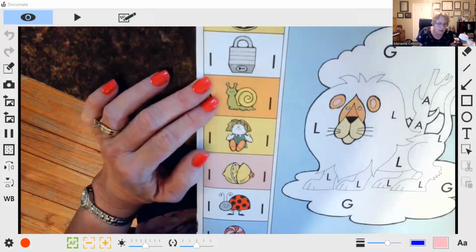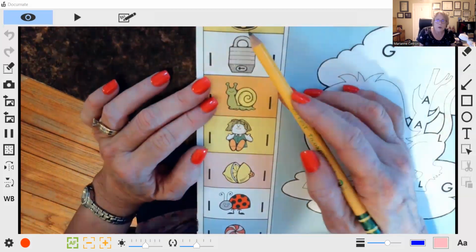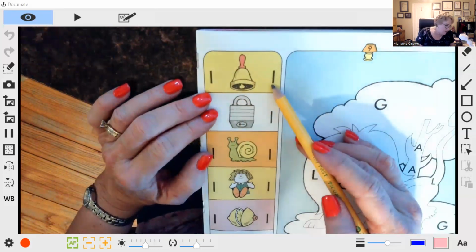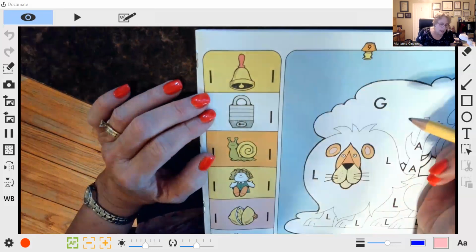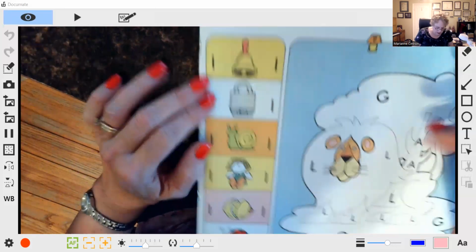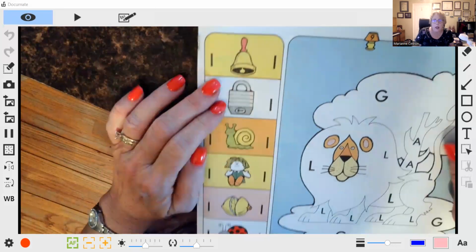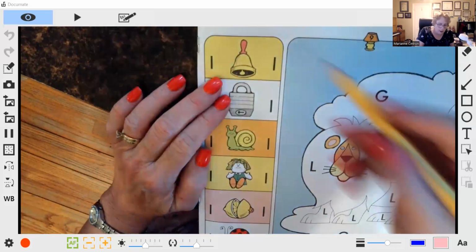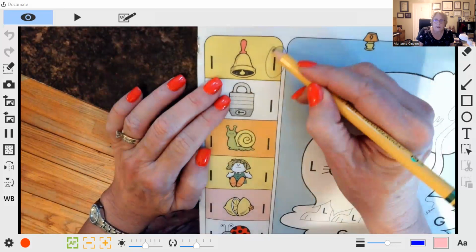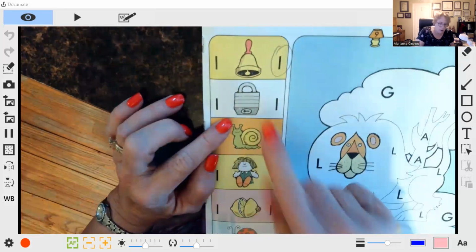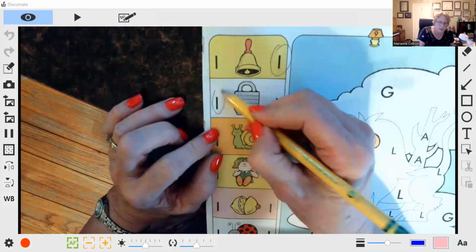Now, is the L in the front of the word, or is the L in the back of the word? So the word is, oh wait, is this rhymes? Okay, this is a bell, bell. You hear the L at the end. Lock, lock. You hear the L at the front.